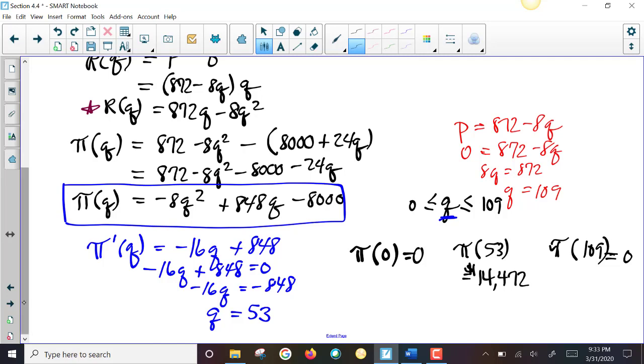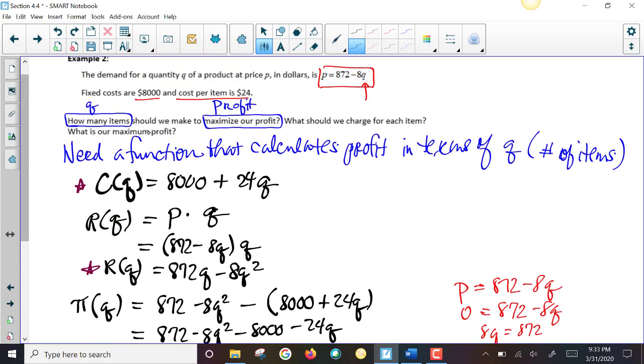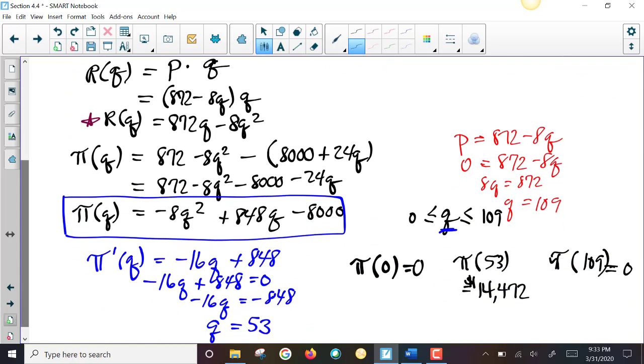All right. So let's check the question again. How many items should we make to maximize profit? What should we charge for the item, and what is the maximum profit? Okay, so we'll summarize now.